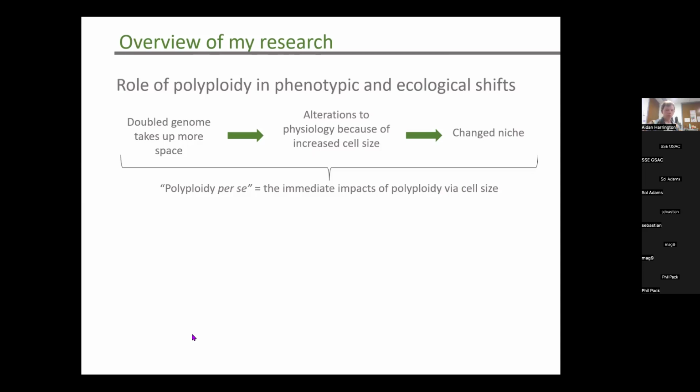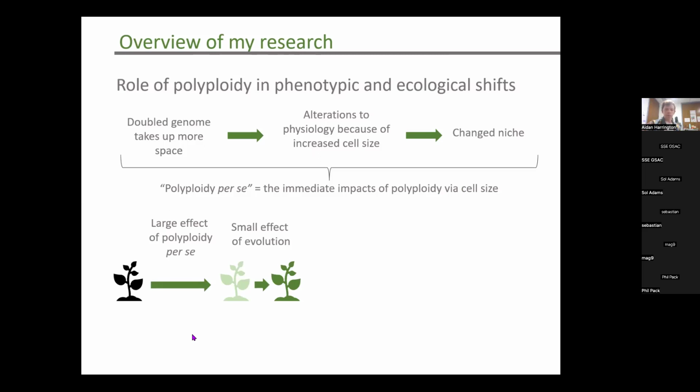So if you look through this diagram here, a genome doubles, it takes up more space in the cell. This can cause alterations to the physiology of the plant because of increased cell size. And this is presumed to have some effect on the niche instantaneously. So we sometimes call that polyploidy per se, or the immediate impacts of polyploidy via cell size.